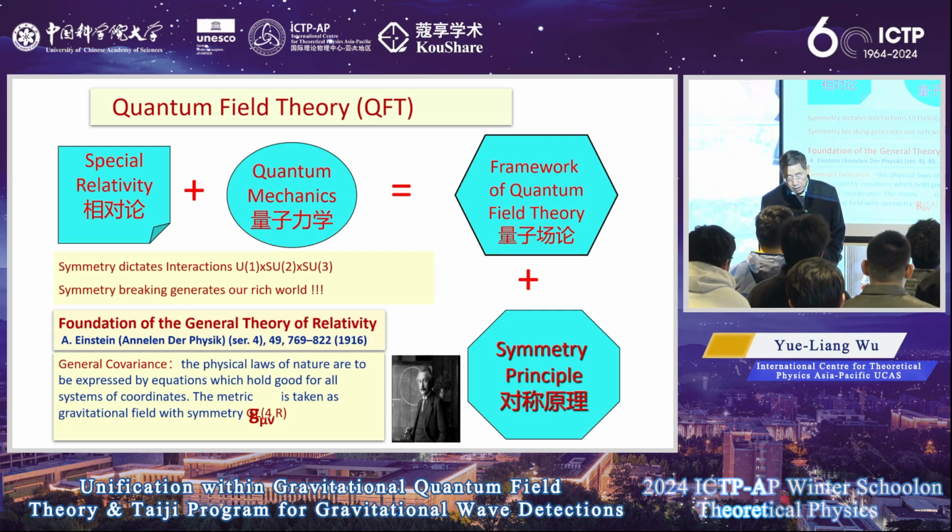And the general relativity of gravity, being based on geometry, is also very successful. Actually up to now, all observable effects in the universe can be described by general relativity. General relativity is based on the foundation of general covariance.